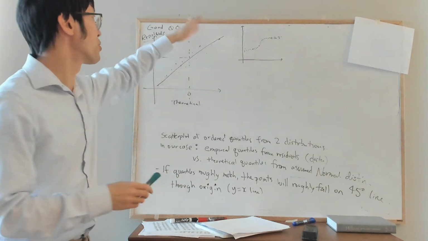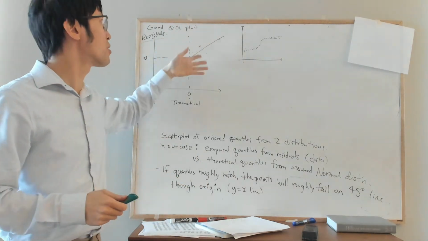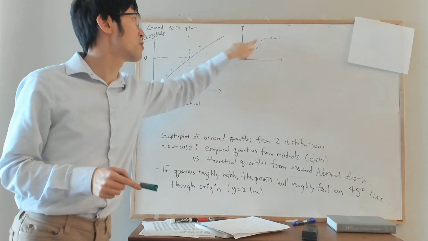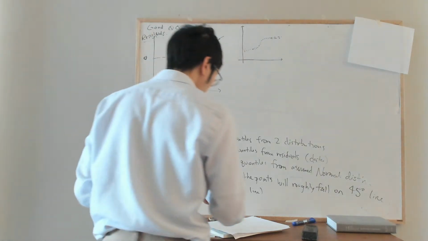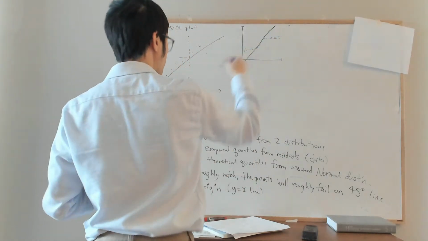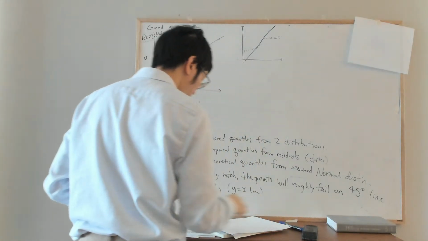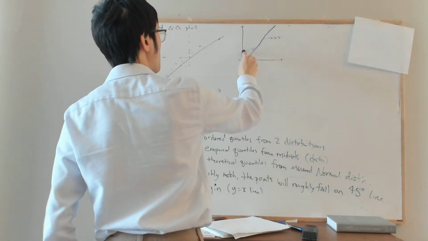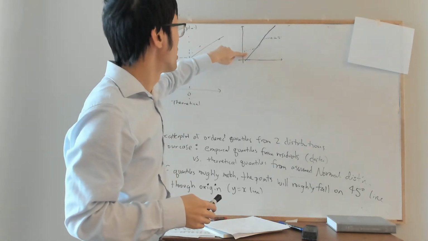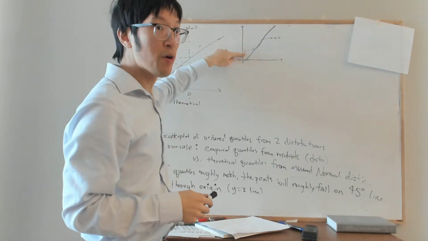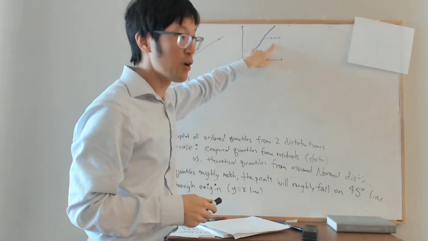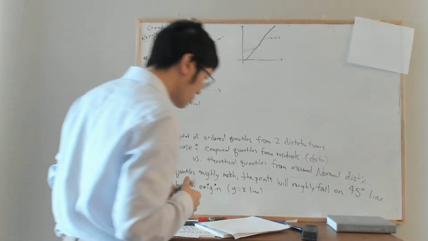Sometimes you'll have some points that look questionable, but we're looking for systematic patterns. For example, this is clearly not a straight line, so we're going to draw a line through it. You notice that you have quantiles in the residuals that are not as spread out as the normal. So it's going to come out with points that are above the 45-degree line for small values, and below the 45-degree line for large values.